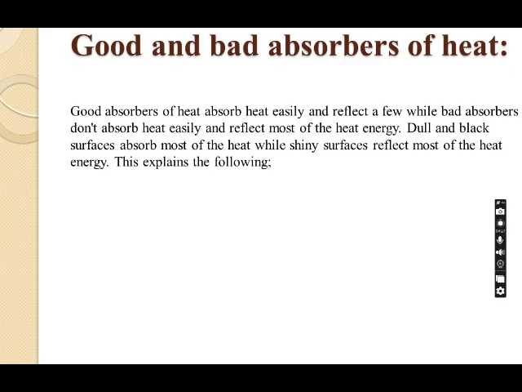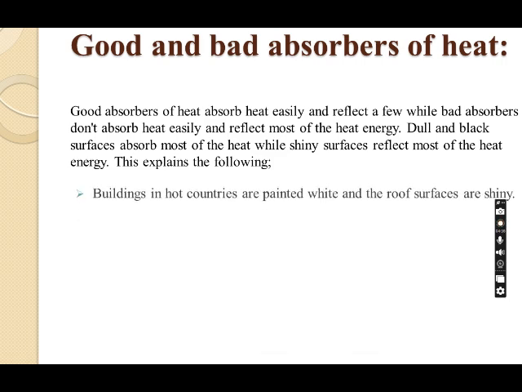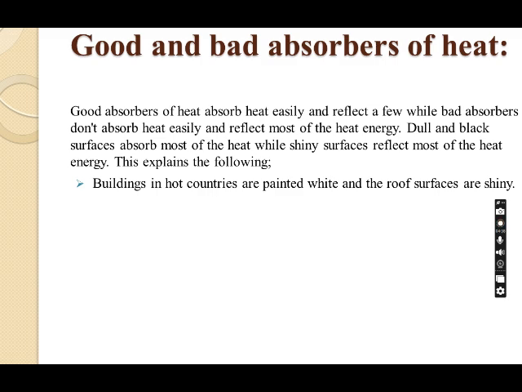Good absorbers absorb heat easily and reflect a few, while bad absorbers don't absorb heat and reflect most of the heat energy. Dull and black surfaces absorb most of the heat, while shiny surfaces reflect most of the heat. So this explains why all these happen.